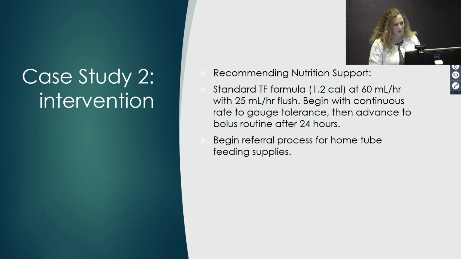That can cause some uncomfortableness in the stomach and the abdomen, and we'll just slowly increase from there if she's tolerating things well. At this point, I do start the referral process to get her set up for home supplies. So we have a little list of home supply companies that we go through with patients, and we decide on the right one, and I go ahead and make that referral process and make sure insurance covers everything for them.